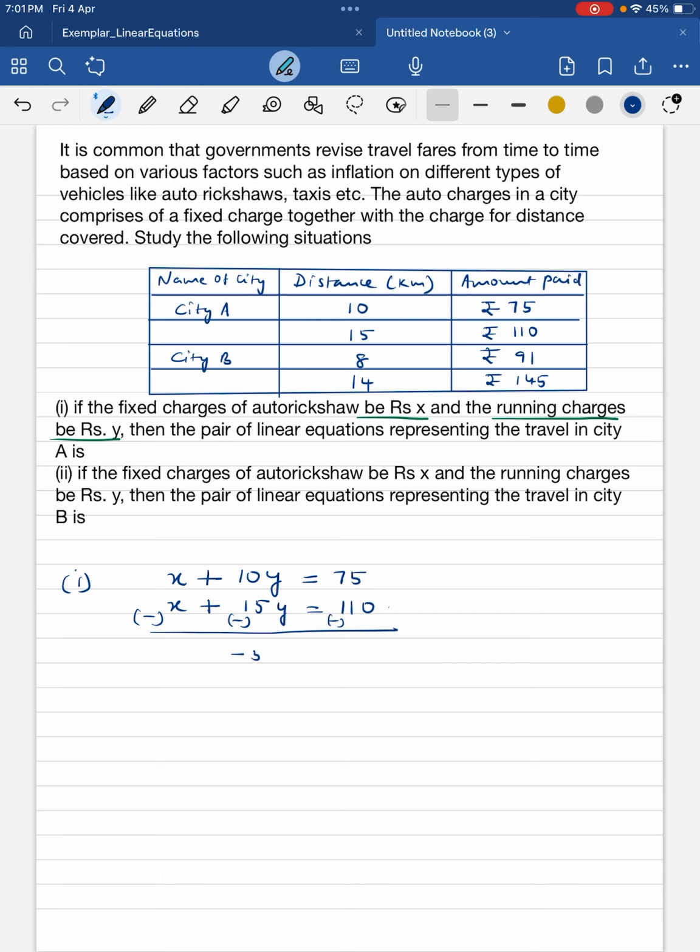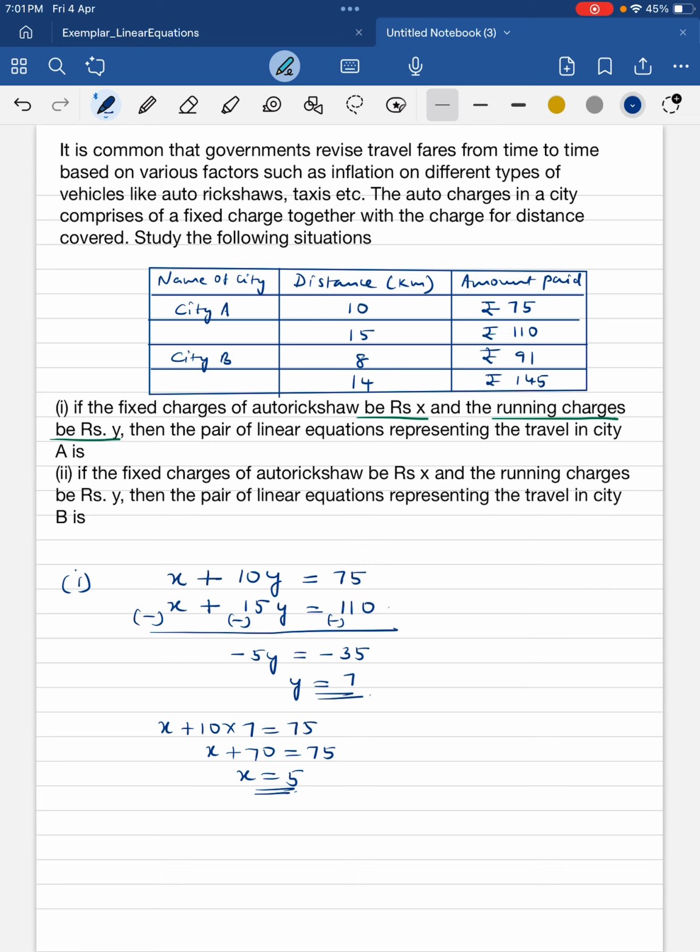So minus 5y would be equal to minus 35, or y would be equal to 7. Let me substitute this value in the first equation. So x plus 10 times 7 is equal to 75, or x plus 70 equals 75, or x is equal to 5.